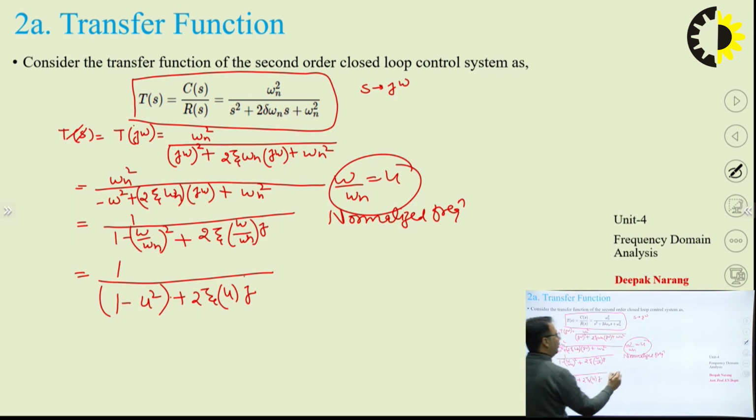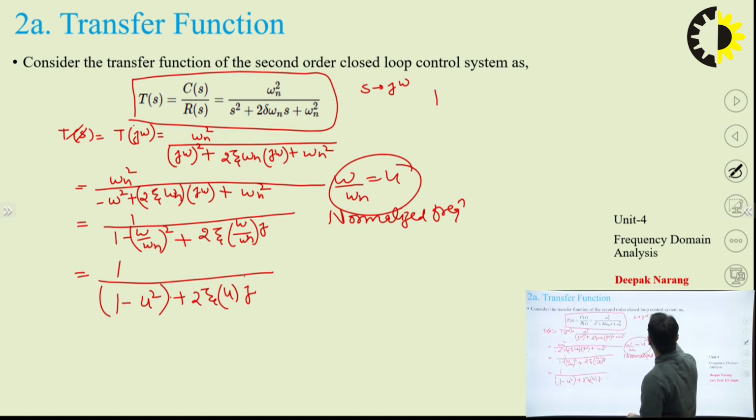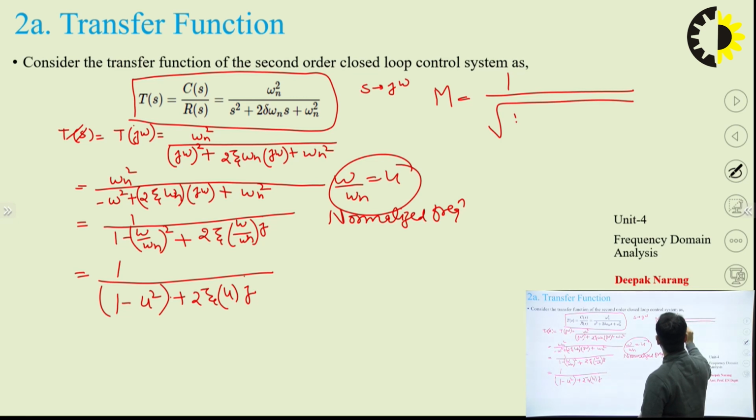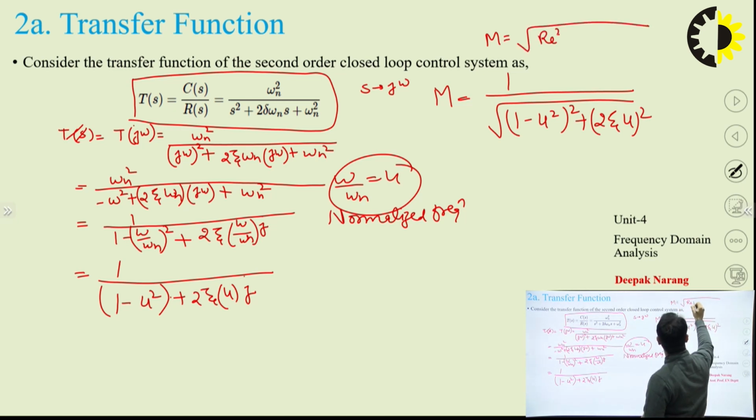From here we can find our magnitude equal to 1 upon square root of 1 minus u square whole square plus 2 zeta u whole square, as magnitude is equal to square root of real square plus imaginary square.